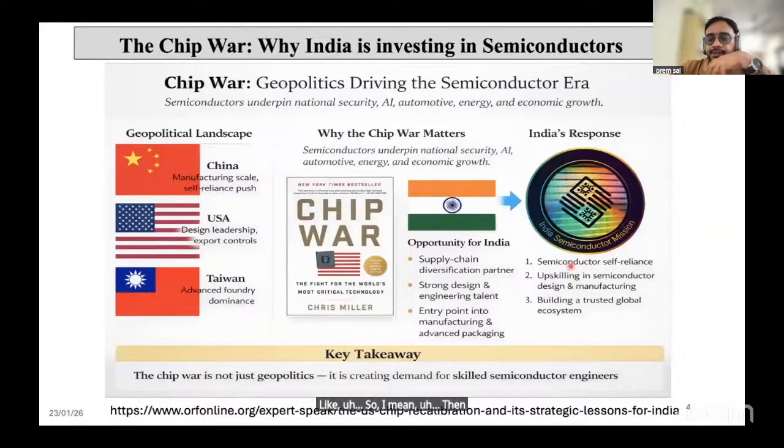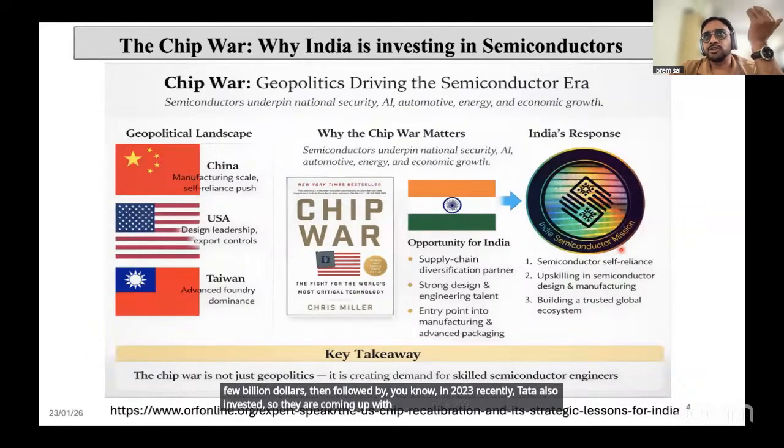I'm digressing. So as part of this Indian Semiconductor Mission, a lot of companies like Tata have invested. The Indian government also invested a few billion dollars, followed by Tata recently in 2023. They are coming up with a new fabrication and manufacturing unit in Dholera, Gujarat.